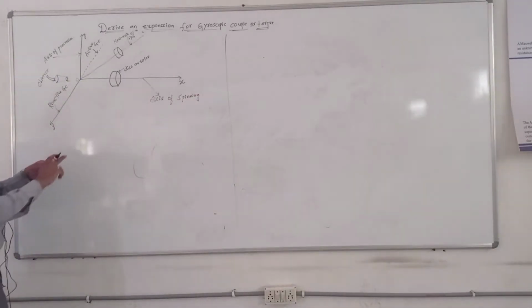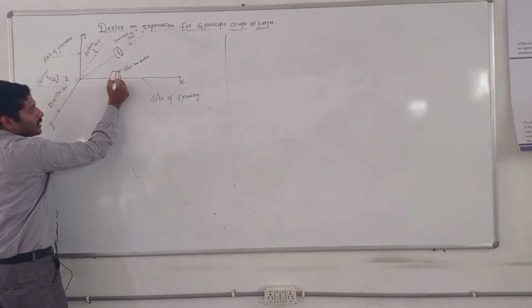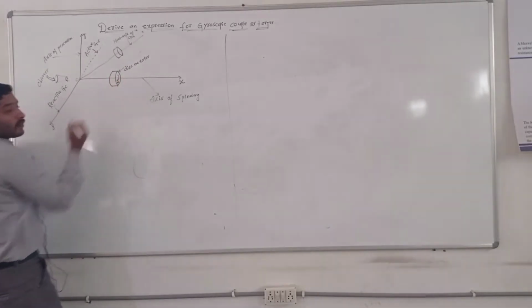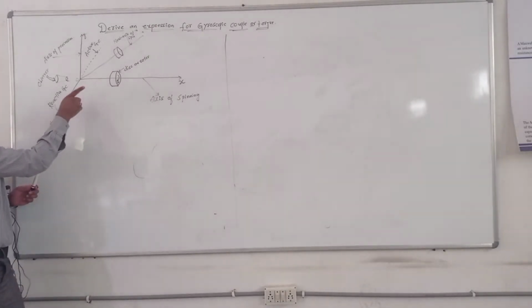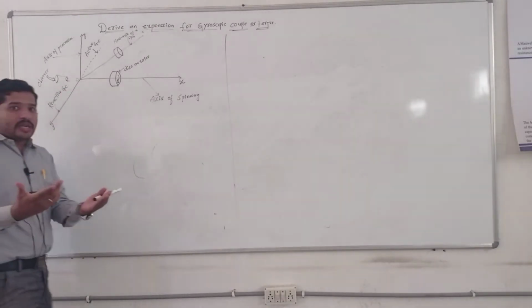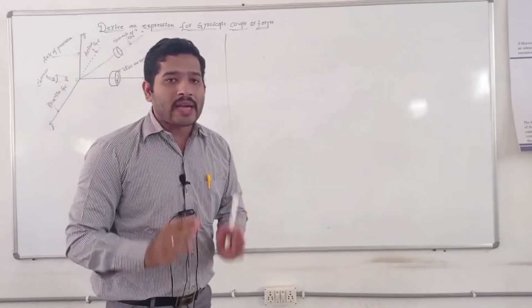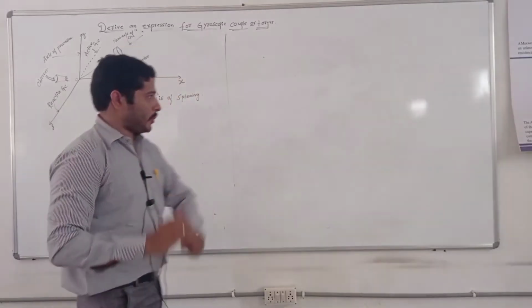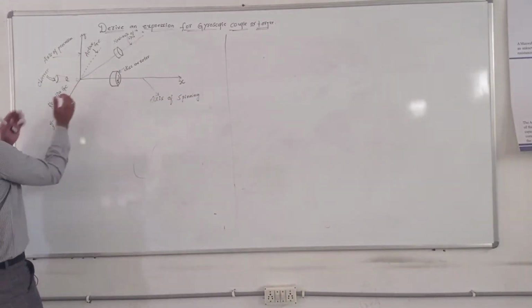Here the angular velocity of the disc is omega. If the disc is rotating, we can easily find out the direction with the help of the right hand screw rule. We have found this with the help of the right hand screw rule.